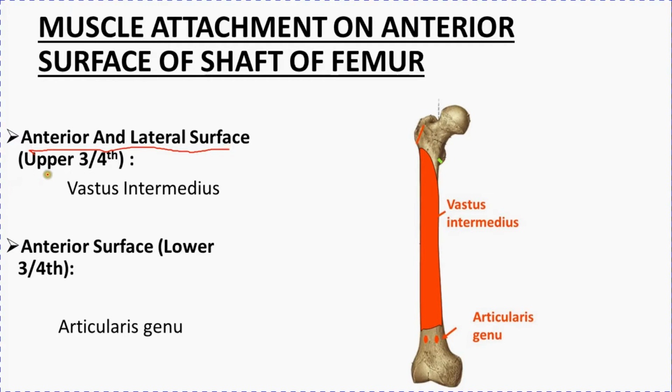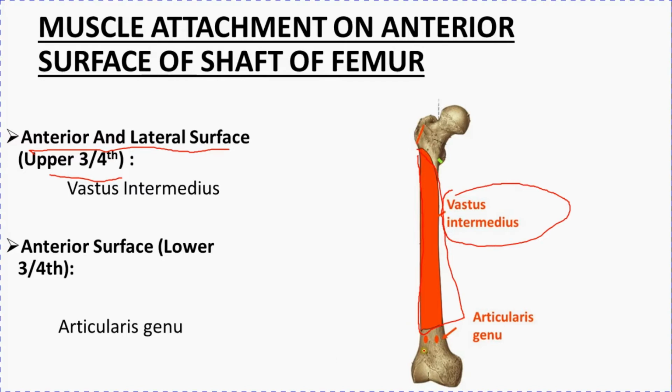The upper 3/4 region gives attachment to the vastus intermedius muscle. This is the vastus intermedius muscle. It arises from the anterior and the lateral surface, the upper 3/4 of the shaft of the femur.